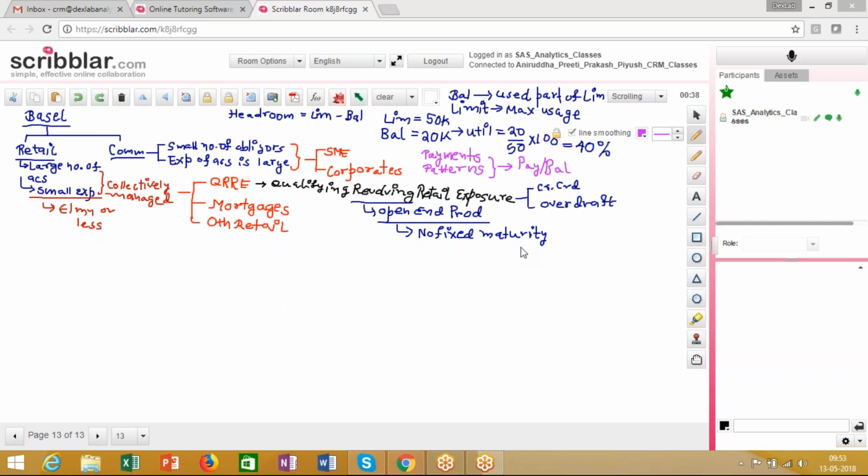So what we need to do over here is the following. Let's do a very simple exercise to assess the overall riskiness of a borrower.